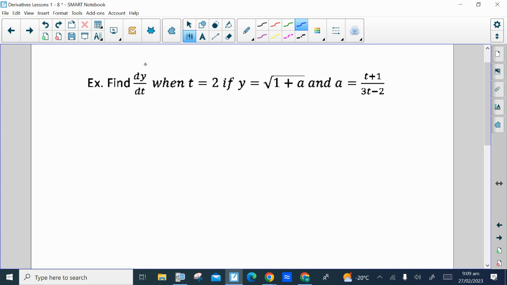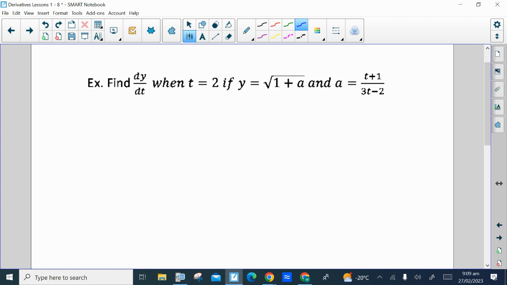We want to find dy by dt, the derivative of y with respect to t. So if you're going to do it by the way we have been differentiating, you'd have to first have an equation or an expression where y is written in terms of t. So you could do that by substituting whatever a equals, t plus 1 all over 3t minus 2, for the a in the first expression, and then simplifying and then differentiating.